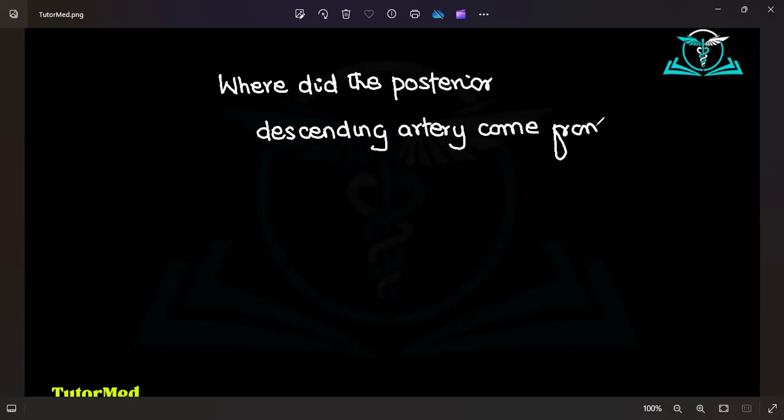If the answer is that it came from the right coronary artery, then your heart is described as what? A right dominant heart.